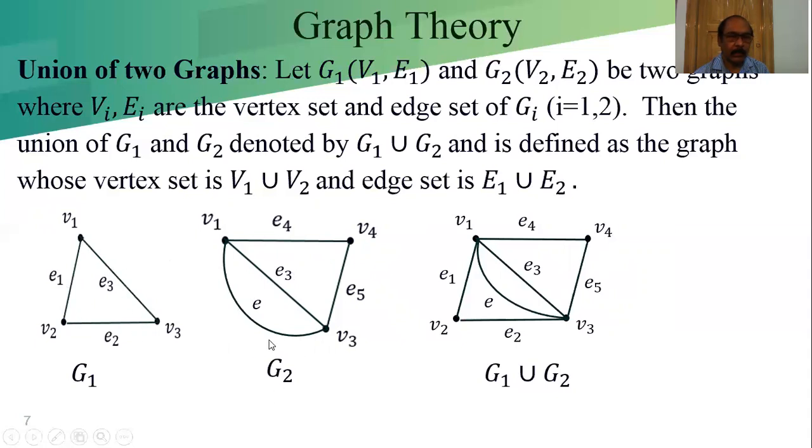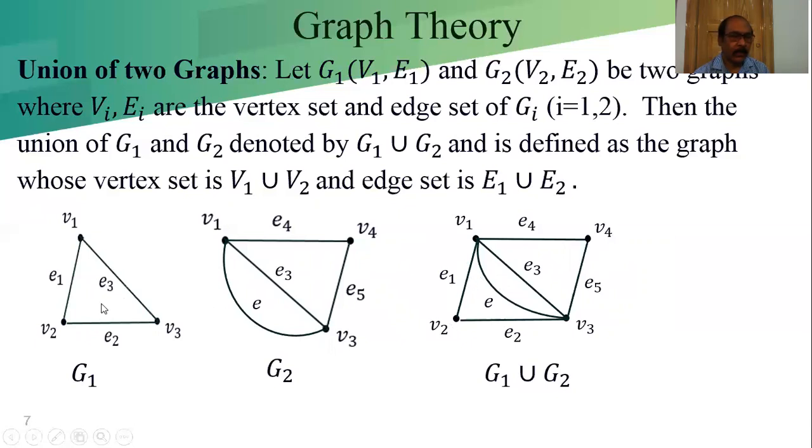Only vertices V1 and V3 are common, that means two vertices are common. When we take the union, vertices V1 and V3 appear only once. Since the edges are not common, they will all appear.